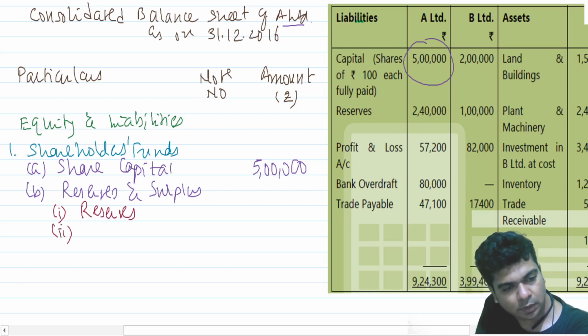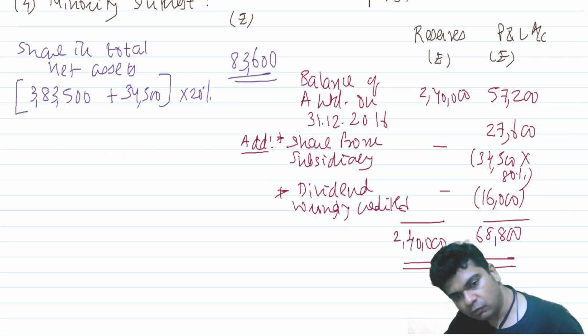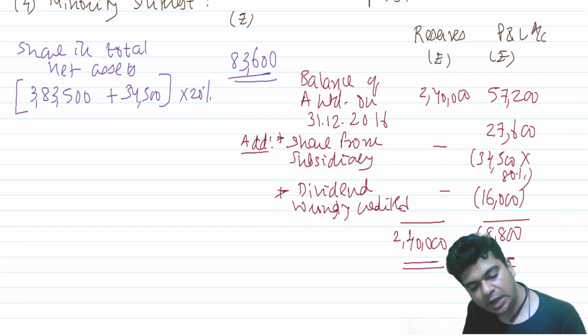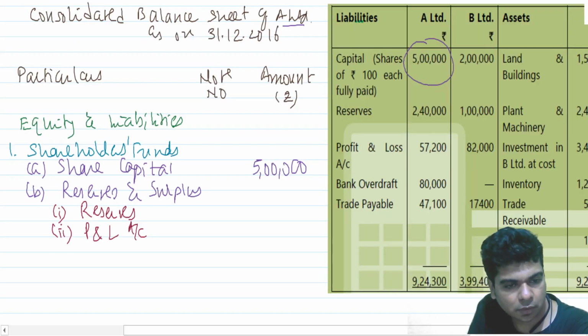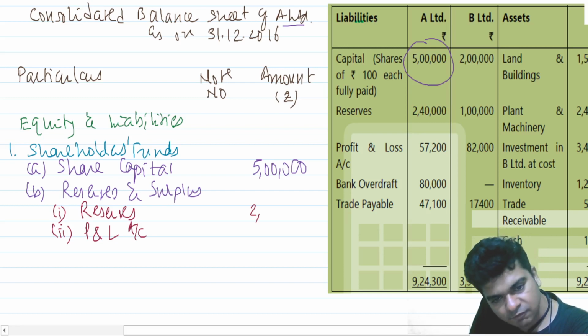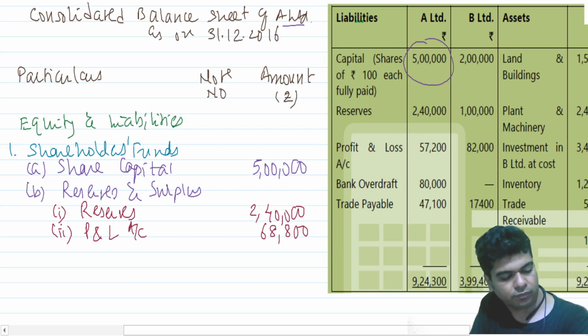Reserves, profit and loss account. From your workings, 2,40,000, and this is 68,800.